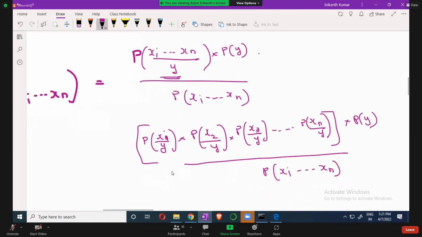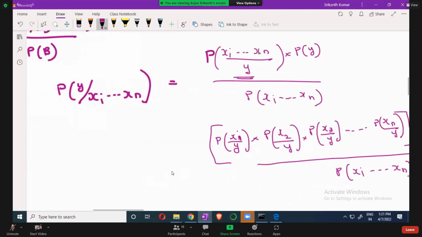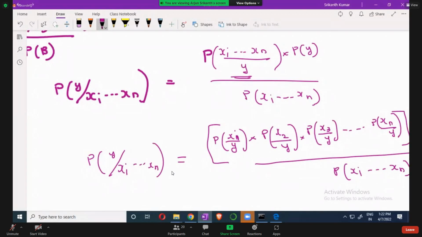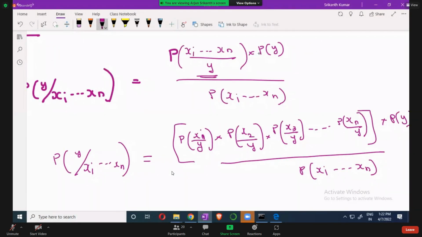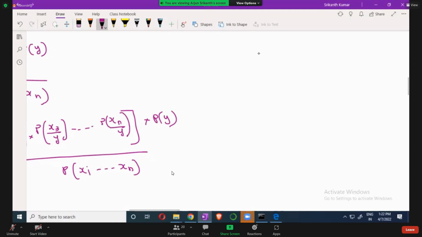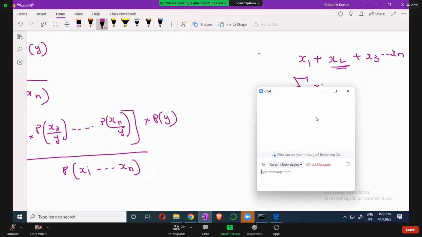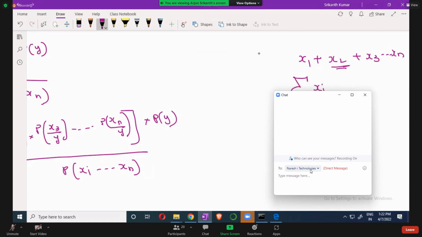Okay, guys. Now, if you take it directly, this is probability of Y given X1 to Xn. Now you see this. If you have something like X1 plus X2 plus X3 and so on till Xn, how can we write this? Summation of Xi, where i goes from 1 to n, right?